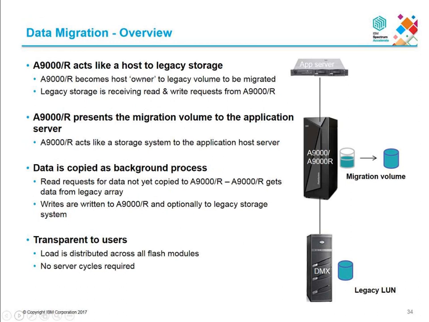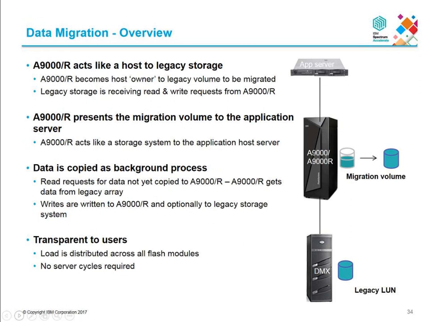So as we talk about the mechanics of doing this, it's very important when we disconnect the server from the legacy storage that we make sure we are completely disconnected. Because if there is a path for that server to get to the old storage and it issues a write down that path, and I've already passed, let's say I'm copying LBA 100 and it writes to LBA 90, the XIV, the A9000, will never go back and pick that up.